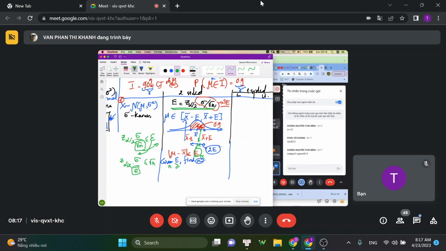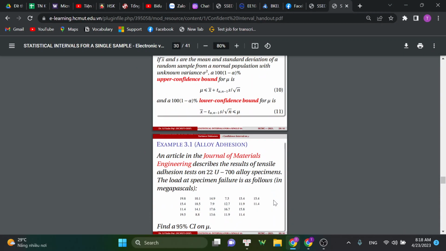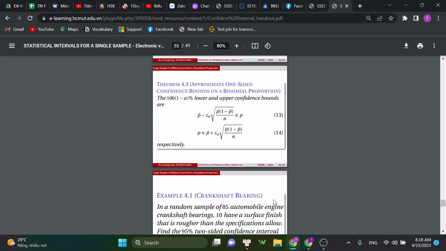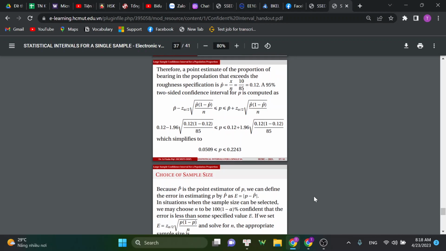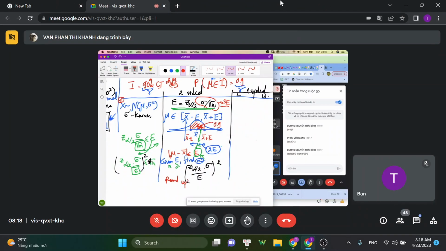So if I give you E and I want to find n, you square it. So n is Z alpha over 2 sigma over E, all squared. And please remember that you have to round it up, okay? Because it's greater than or equal to.